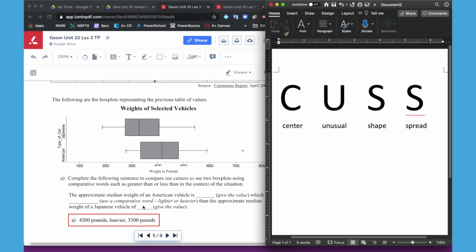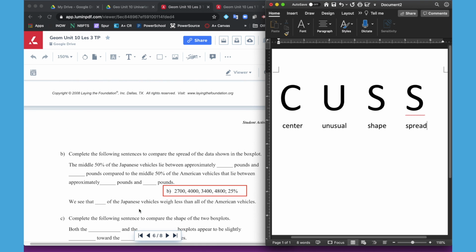A lot of times you want to have them write the word about. It's just really huge to use the words lighter, heavier. If we look at part B, we're talking about comparing the spread. They're using the middle 50% to compare the spread. The middle 50% is between 2,700 pounds and 4,000 pounds compared to the middle 50% between 3,400 pounds and 4,800 pounds.